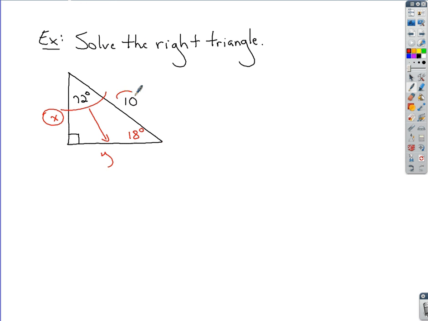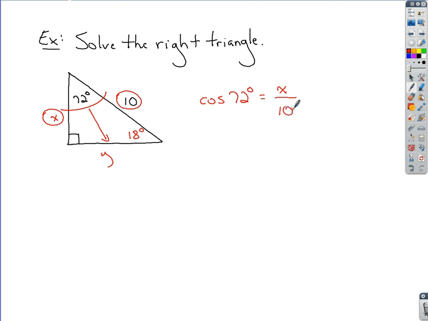What else is known? The other thing that is known is the hypotenuse. So if you use a trig ratio that has to do with adjacent and hypotenuse, it would make sense to use cosine. Take the cosine of 72 degrees, set that equal to the adjacent, which is x, over the hypotenuse, which is 10.